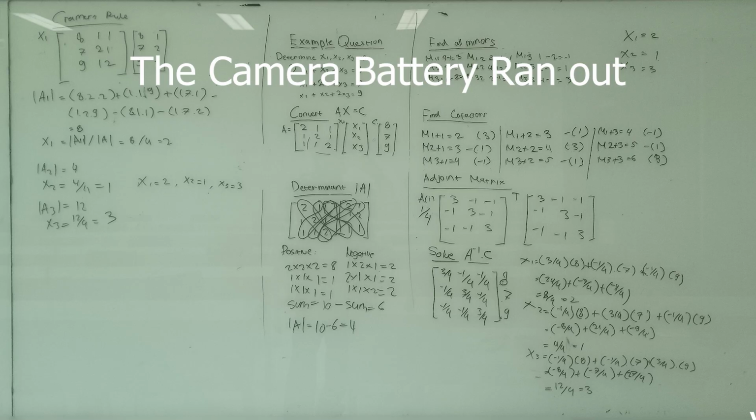And for A3, the same, we got 12. x3 equals 12 per 4, which gets us the similar number of 3. So x1 is 2, x2 is 1, and x3 is 3. So yeah, so basically, here is the Cramer's rule as an alternative to the function.